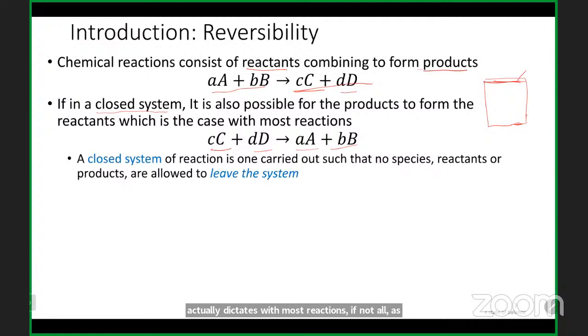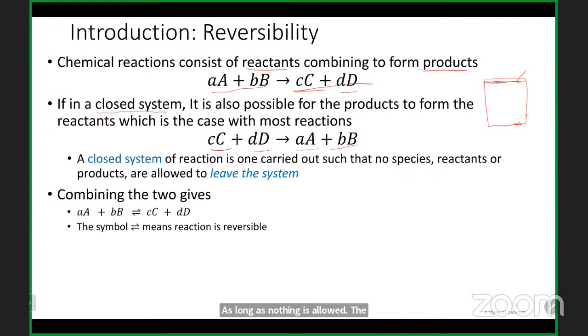As long as nothing is allowed to escape, the products can combine to form the reactants again. Such reactions are called reversible reactions.